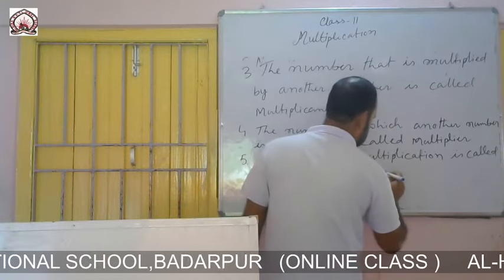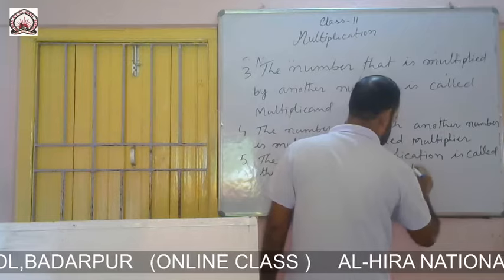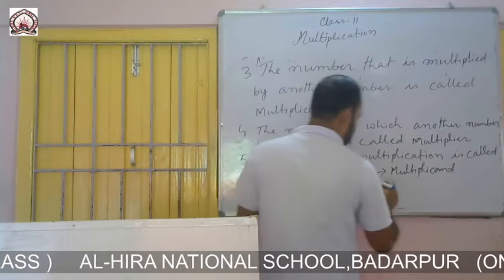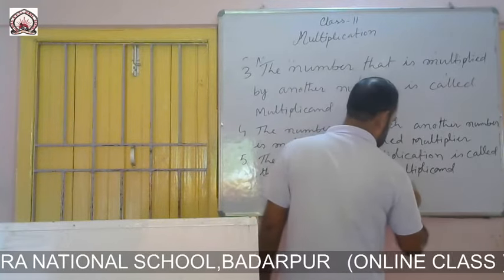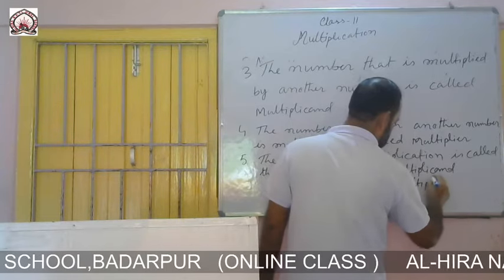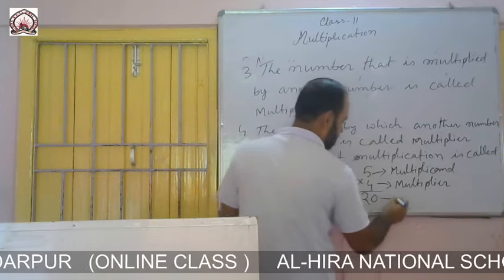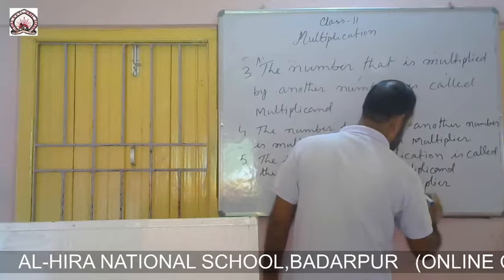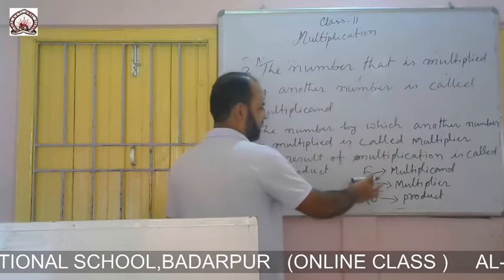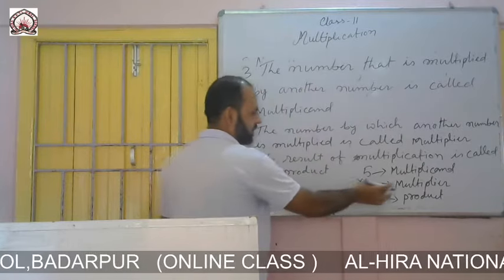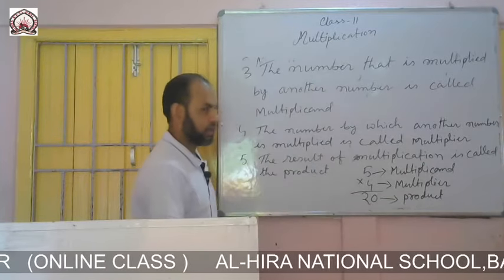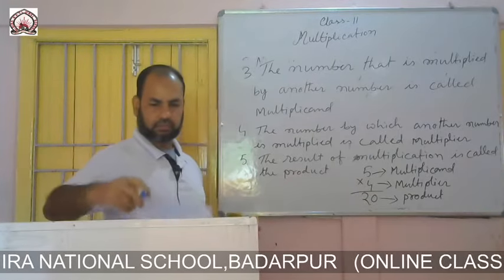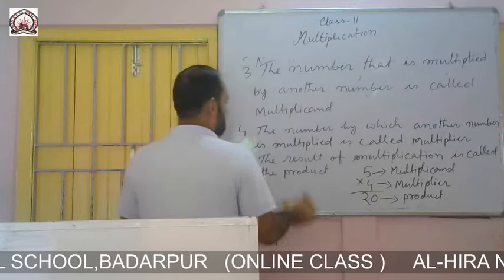Here 5 is multiplicand, 4 is multiplier, and 20 is product. Next.